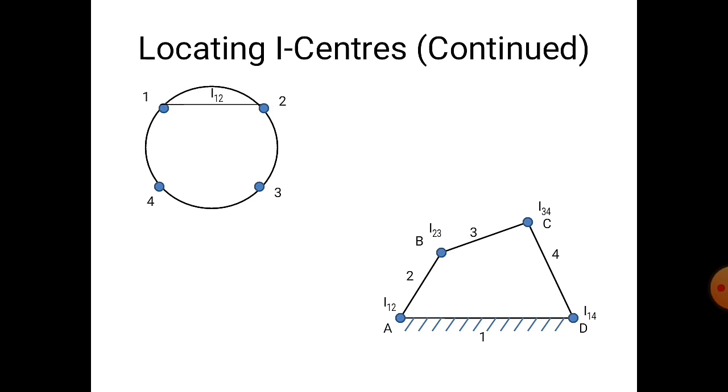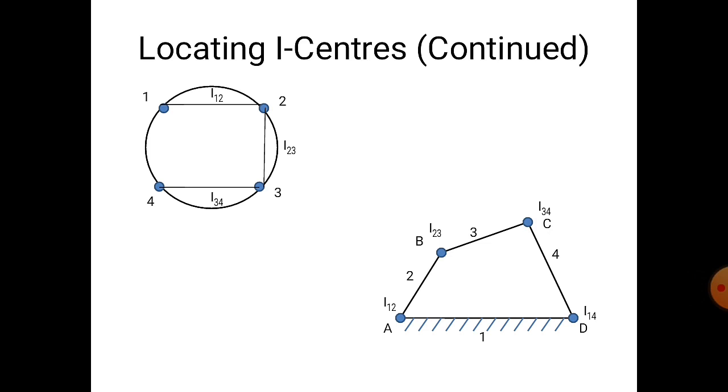Similarly, the position of I23 is known to us, so join points 2 and 3 by a solid line indicating instant center I23. Similarly, the position of I34 is known to us, so join points 3 and 4 by a solid line indicating instant center I34.